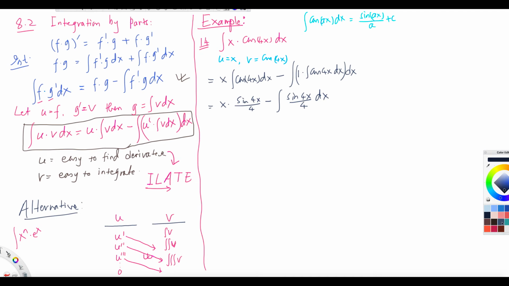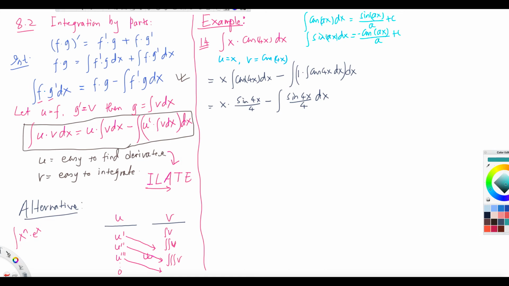Now what is the formula for the integral of sine ax dx? That will be negative cosine ax over a plus c. Actually, the number multiplying x will be dividing.